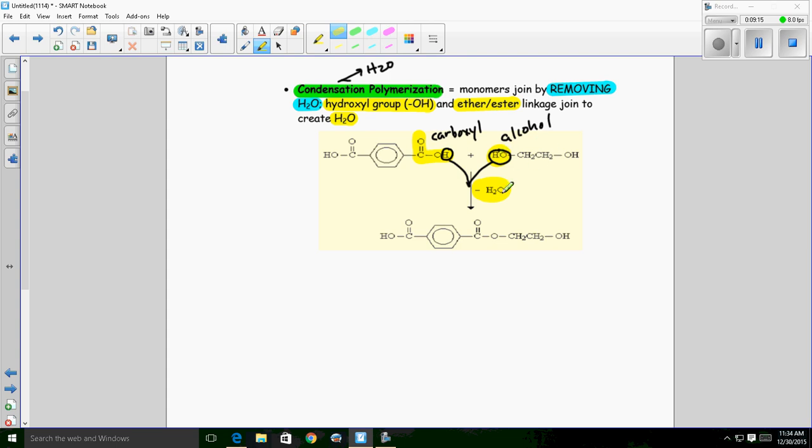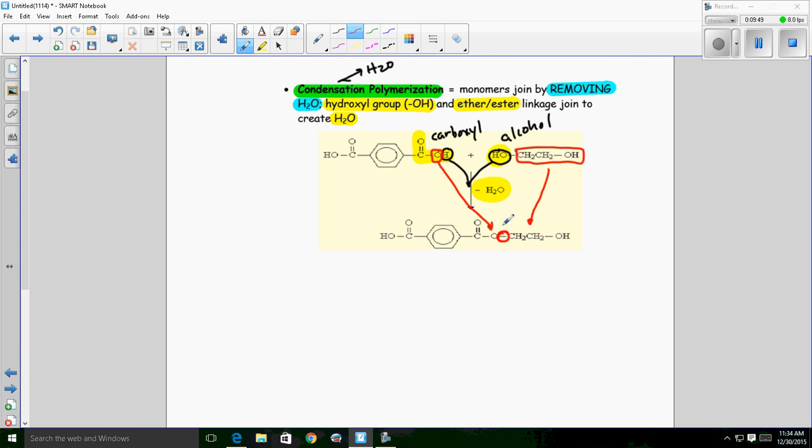At those two different sites, that's where they're going to be joined together. Let's circle it and box it. This O right here, where the hydrogen has broken off, and the CH2 right here are going to be joined together. Now down below you can see the O is here, and the joining of this alcohol is right here to bring the two together. That's where this bond comes from right here.